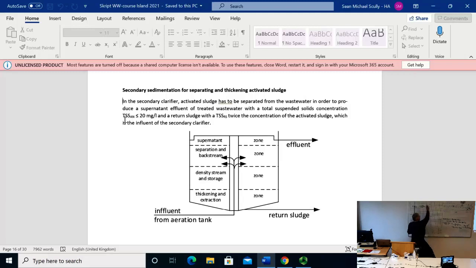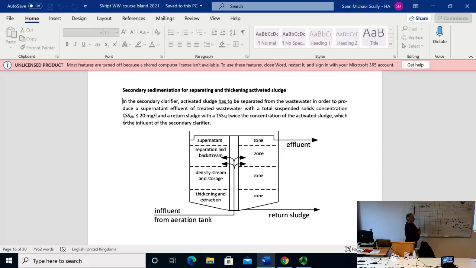No, it's a root. Yeah, root of the time of thickening. This would be, in our experiment, 30 minutes.